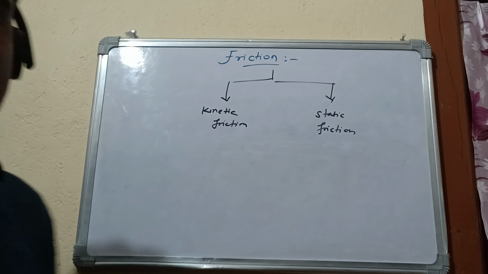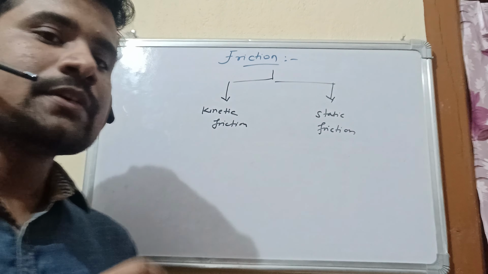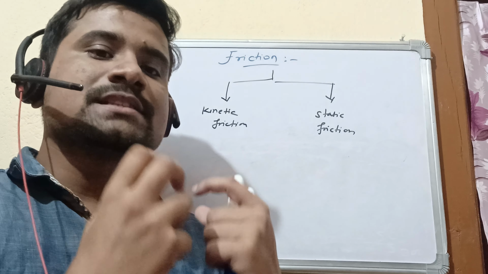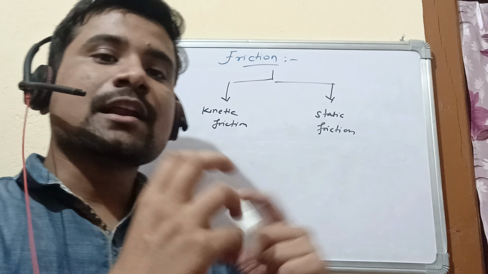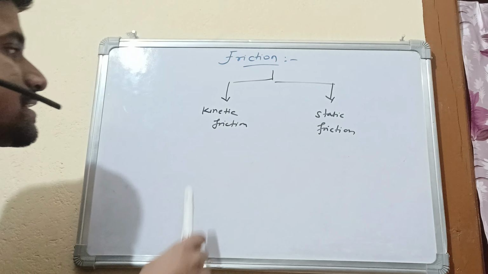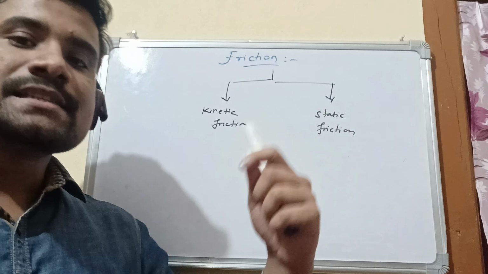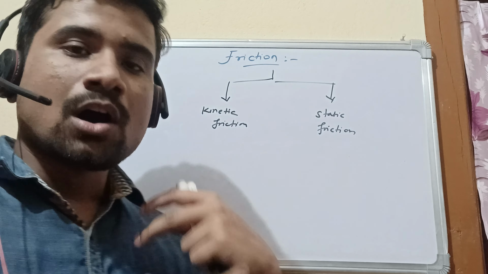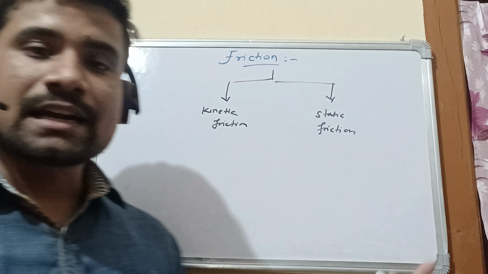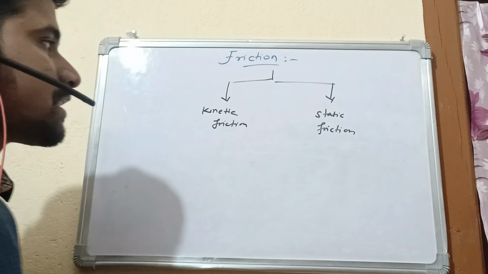So as the name suggests, whenever the two bodies are moving against each other, whenever there is a motion, whenever they are being rubbed against each other, there exists a kinetic friction between two bodies, right? Static friction occurs whenever a body is at rest with respect to another. We will understand by an example what is kinetic friction and how it is derived and what is static friction and everything. So let's start with the kinetic friction.